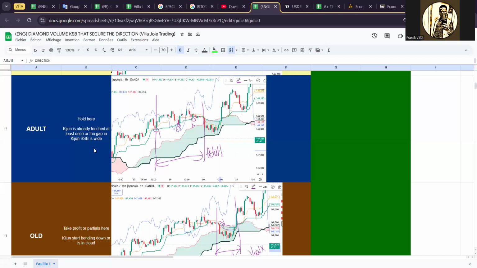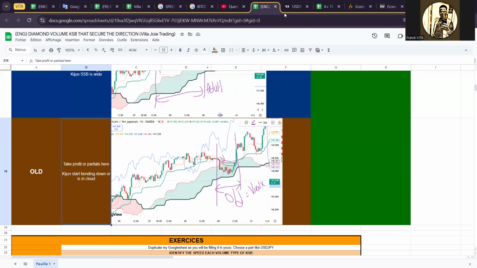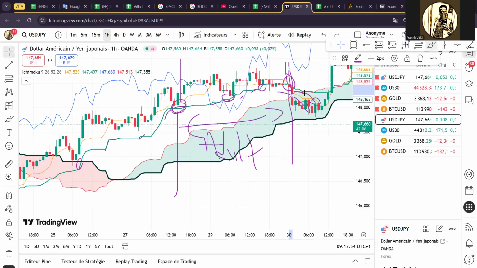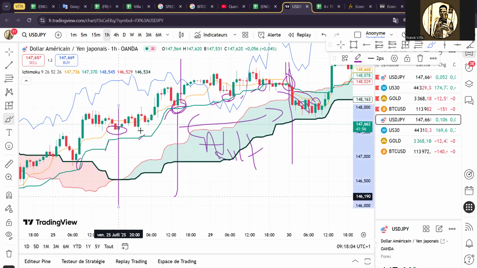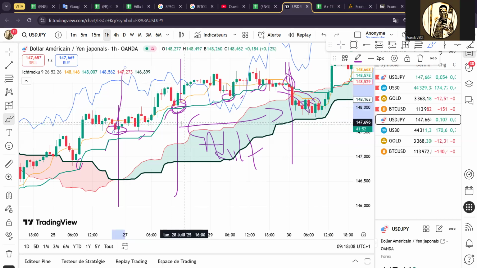When Kijun starts to bend down, I call it so, in between the adult Kijun, you must hold. You should have been in the position since the youngness, since the fresh or the youngness here. The adult must just come to find you holding the position.